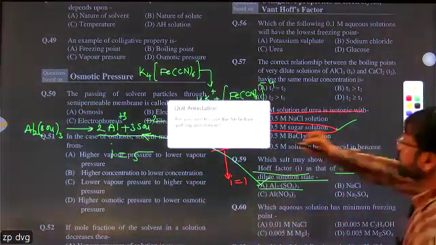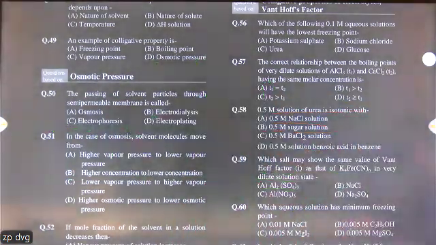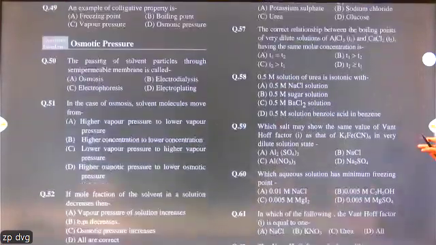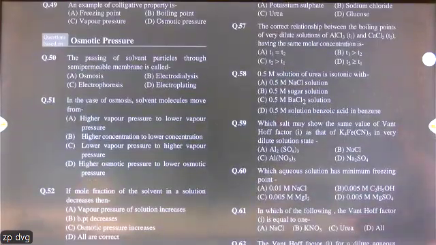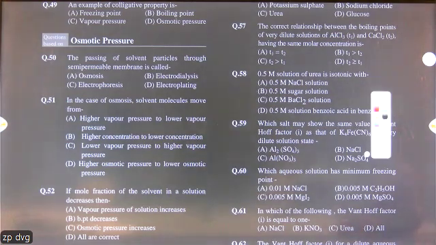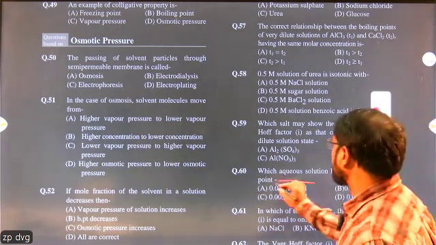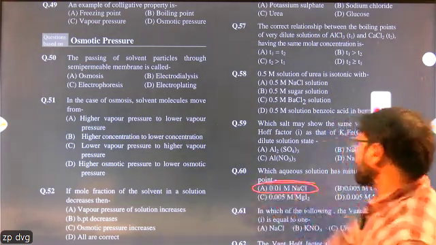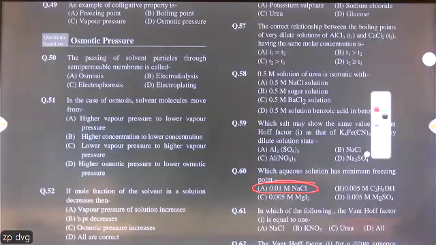Next, question number 60. Which aqueous solution has the minimum freezing point? Whenever the concentration is high, its freezing point is minimum.